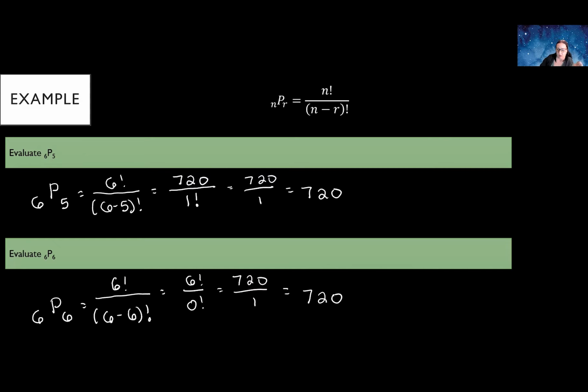And if we combine this with what we learned before, our 6 factorial is the same as choosing 6 out of 6 because you're just placing all of them. It basically kind of cancels it out. Okay. So just kind of interesting observations there.